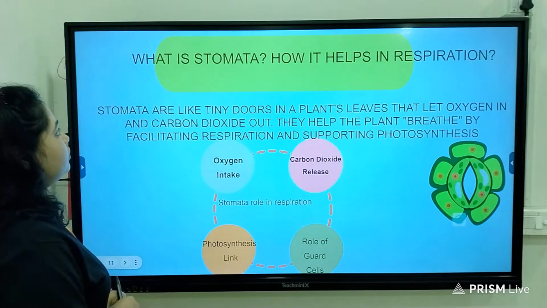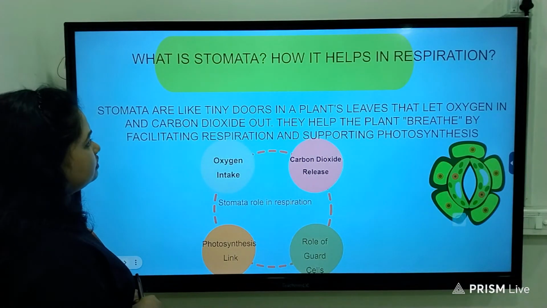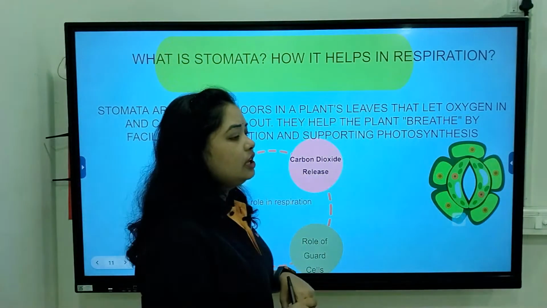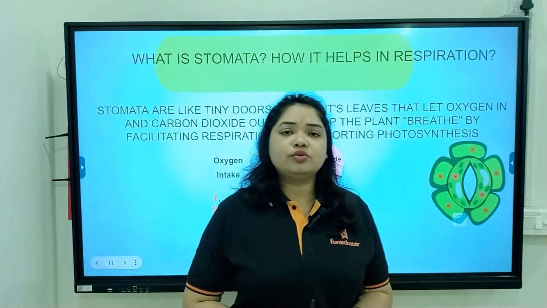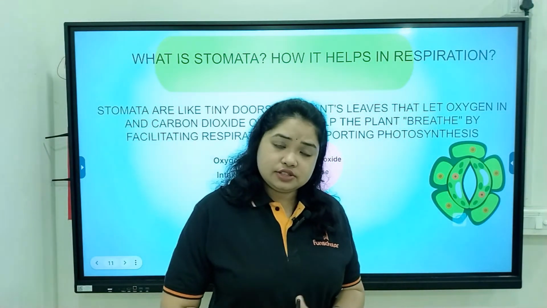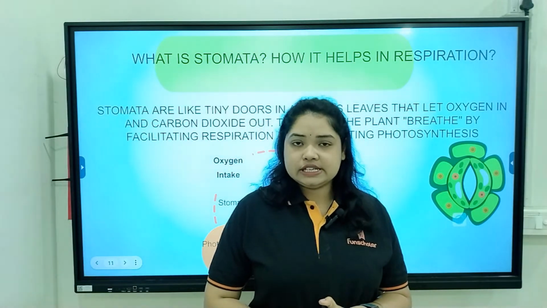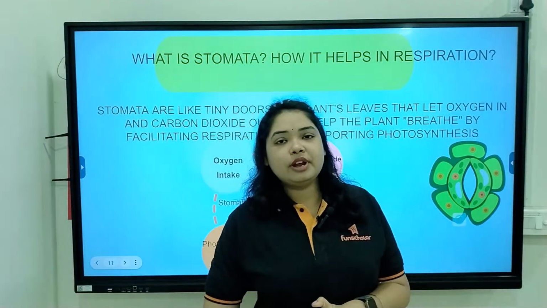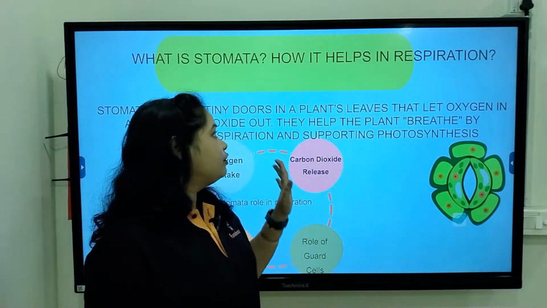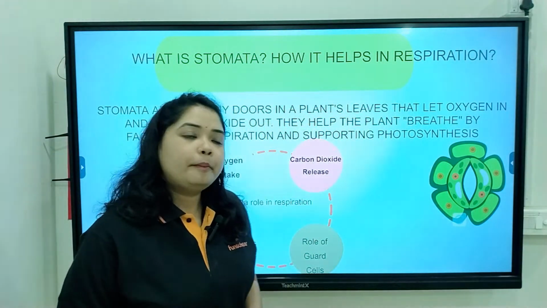Then what are stomata and how do they help in respiration? In the last case we discussed respiration for animals, meaning all categories of animals including human beings, but here we will focus particularly on plants.